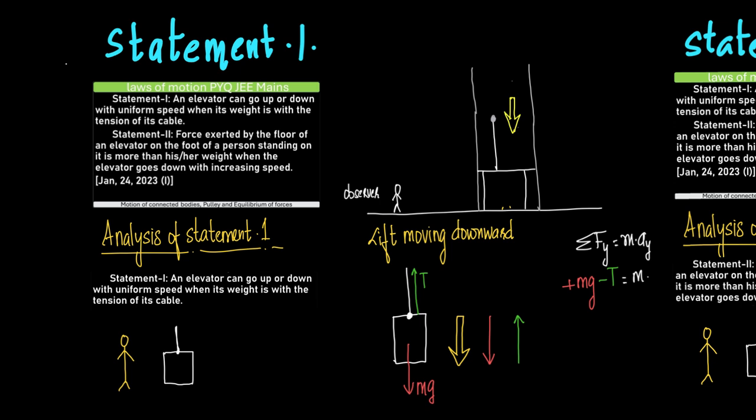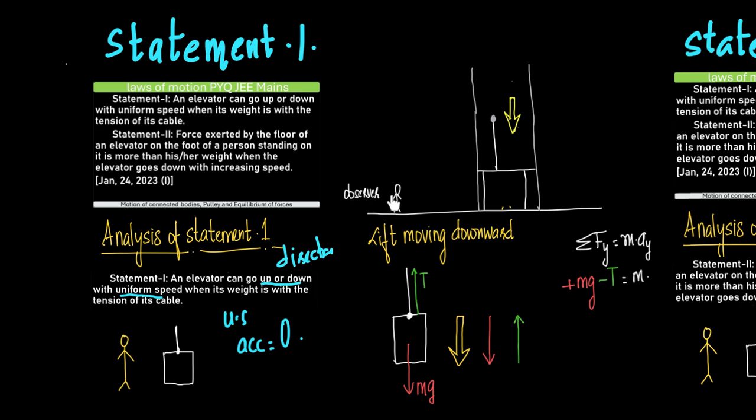The first keyword is can go up or down. Why is it a keyword? Because it represents the direction. And the second keyword is uniform speed, which means acceleration is equal to 0, right?